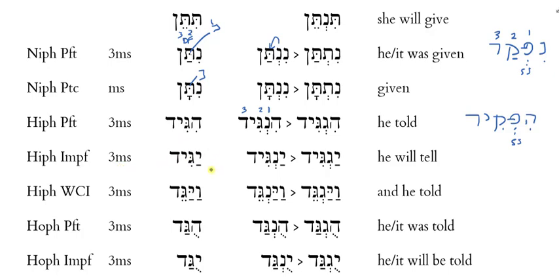The Hifil imperfect is yaggid, just like over here, the Hifil imperfect of pakad is yafkid. It would have been yangid. 3 root letters. The gimel causes the nun to assimilate, it becomes yaggid, and then written once with the dagesh forte, yaggid. So he will tell. And then the Hifil WCI for pakad is yafked.